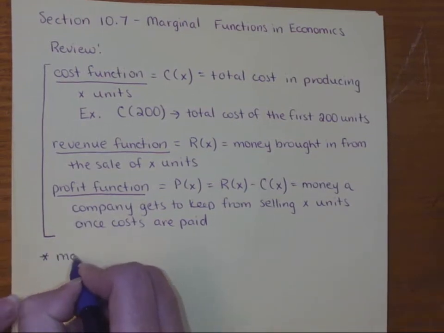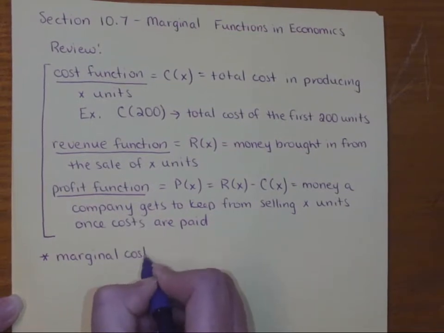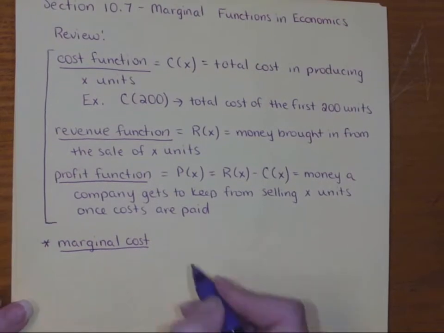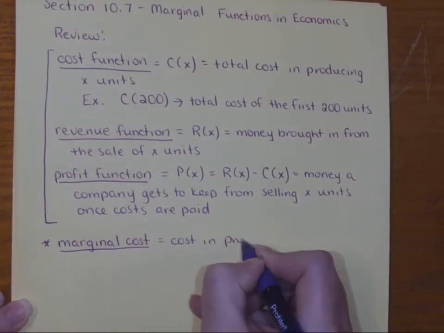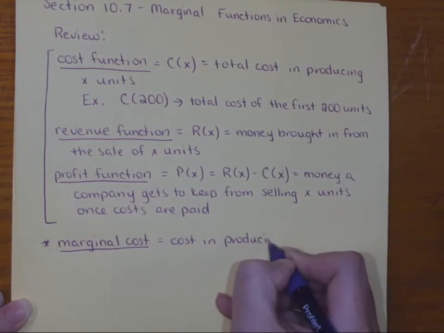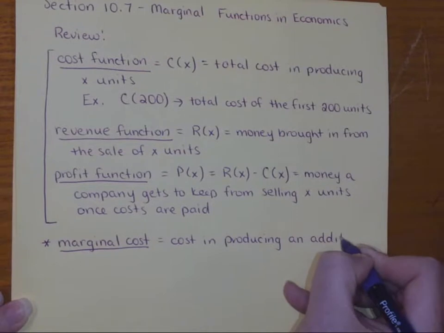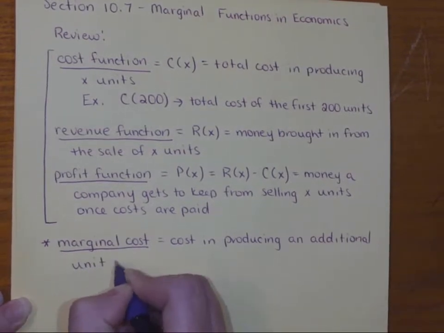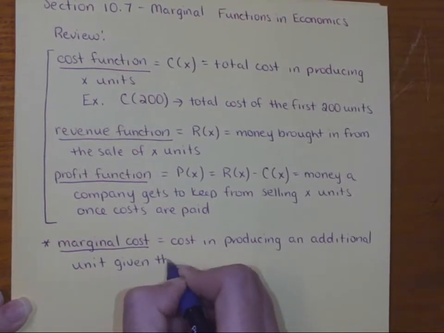All right, so something new for this class, though, that you wouldn't have covered last semester is something called marginal cost. Okay, the marginal cost is the cost in producing an additional item, or an additional unit, given that a certain number of units have already been produced.